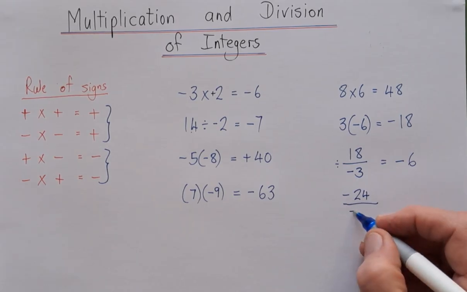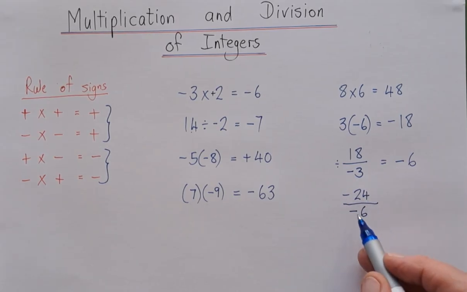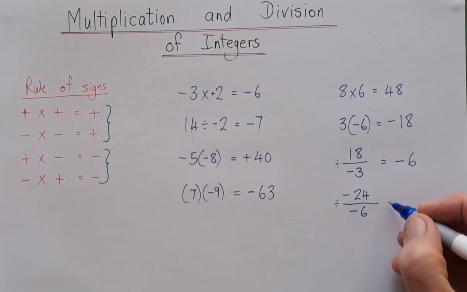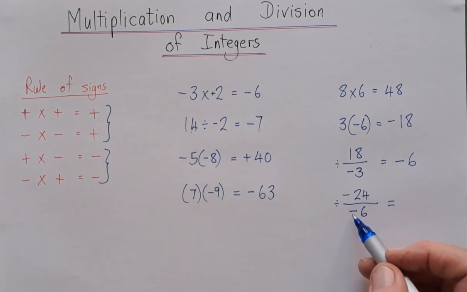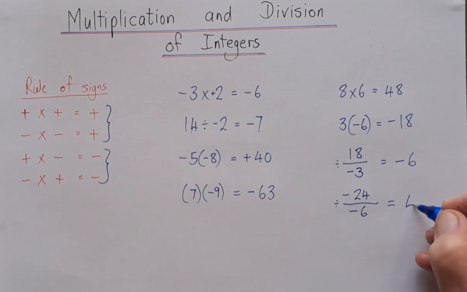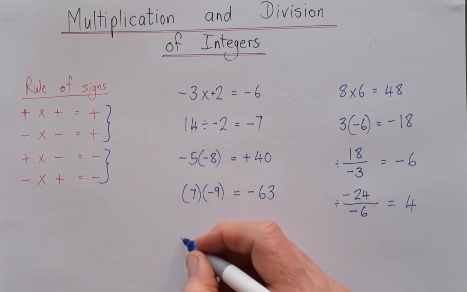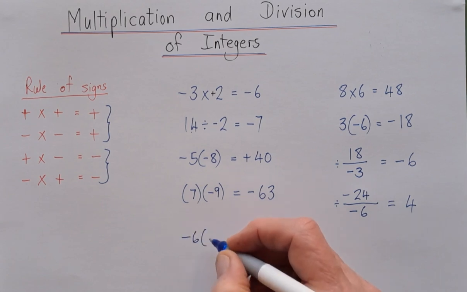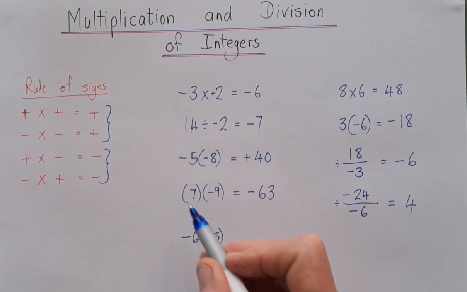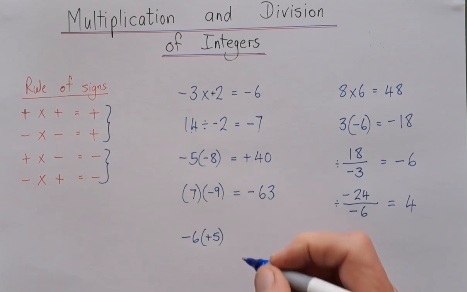Now I've got negative 24 over negative 6. Again, remember that means division. So negative divided by negative is positive. 24 divided by 6 is 4. Let's end off with two more. We've got negative 6 times positive 5. So sometimes they will put in the positive sign, other times they won't. Remember, both of those situations mean positive.